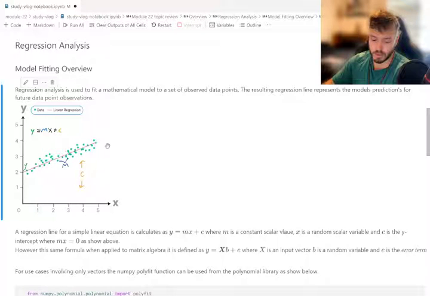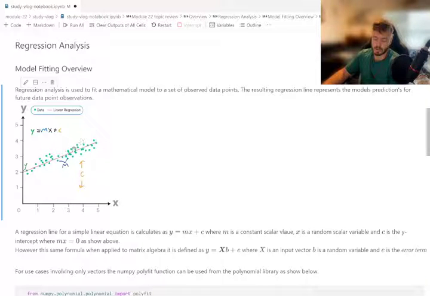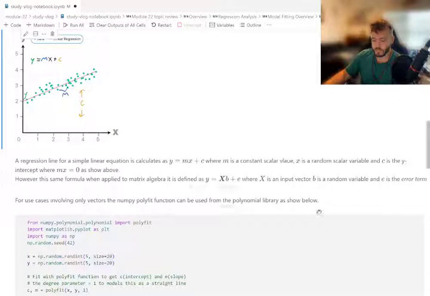In other words, at any given point on the x-axis, it's the distance between the x-axis itself and the regression line, if you wanted to think about it like that. And mx is more or less the slope of your line, your rise over run, if you remember that from school back in the day.